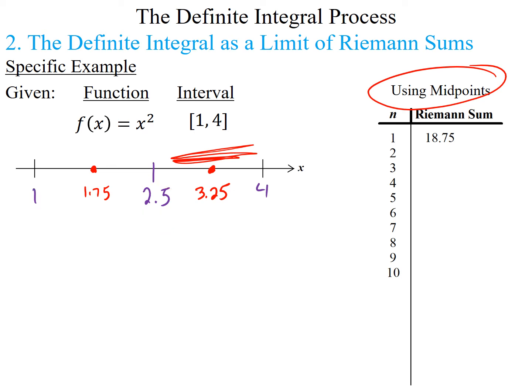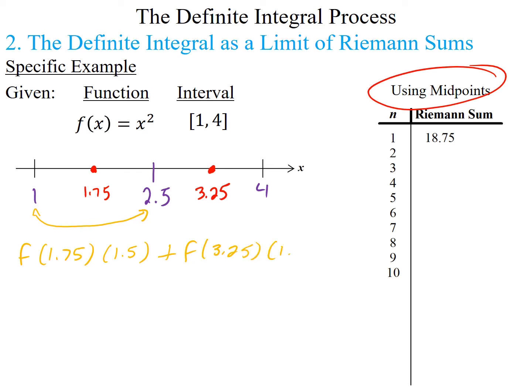Now that I have all that set up, we can go ahead and calculate the Riemann sum. So we're going to get f of 1.75. You got to plug that into the function. Multiply by the width. Now, don't get the width confused. It's the distance from here to here. Don't look at the red dots for the width. It's where the tick marks are. Okay, so the width is going to be 1.5, like it's been. Plus, then you plug in 3.25 to the function. Then multiply by the width, 1.5.